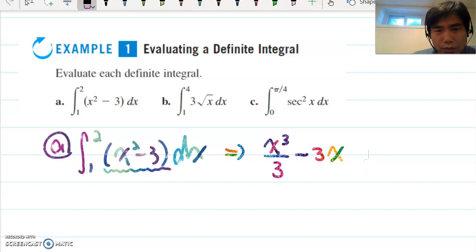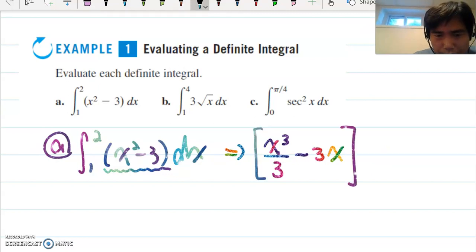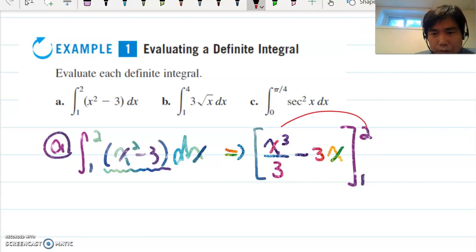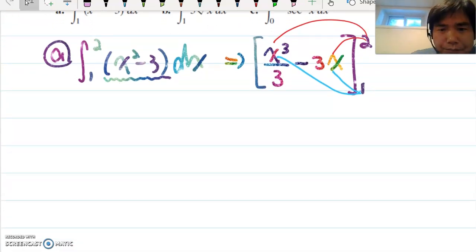Instead, you are finding the value over the closed interval 1 to 2. The next step is you plug 2 into x first, minus, later you plug 1 into x. That's two different steps.